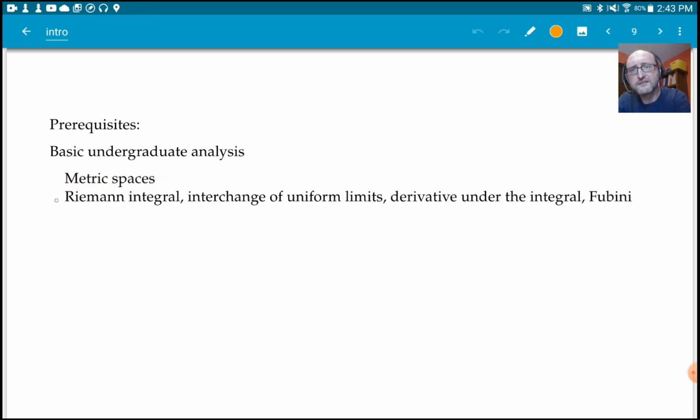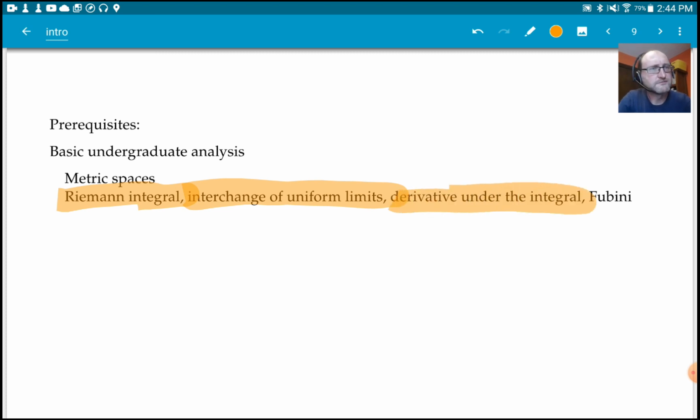We're assuming the Riemann integral, knowing how to interchange limits with the Riemann integral, and then with sums and all that. Generally, if you have uniform limits, right? Taking derivative under the integral. Just the simplest versions of these will actually be enough. Fubini, swapping the order of two integrals, right? So we're assuming all of that.